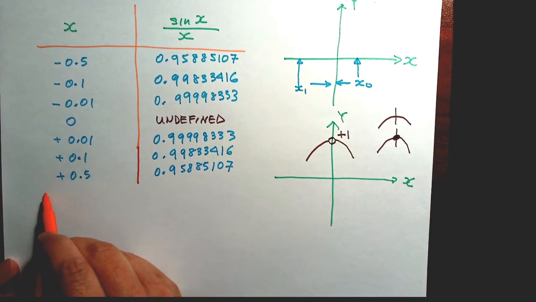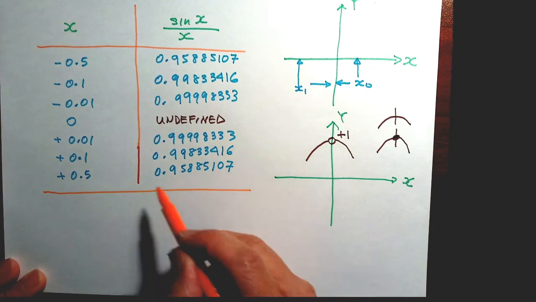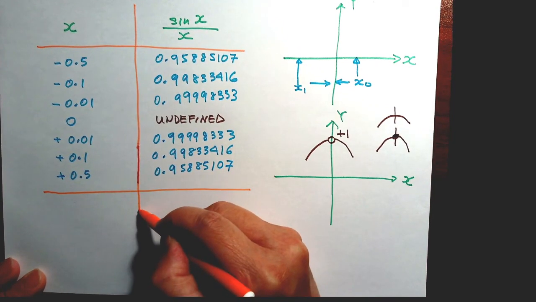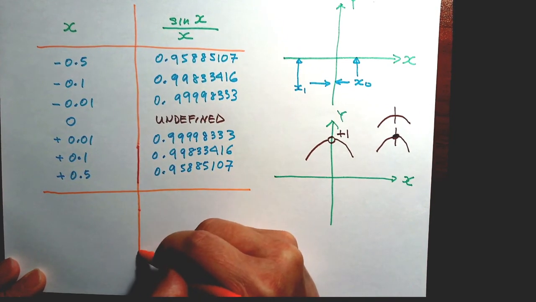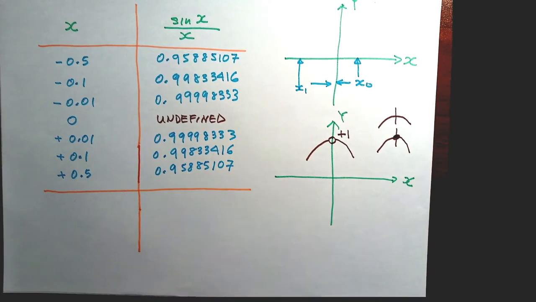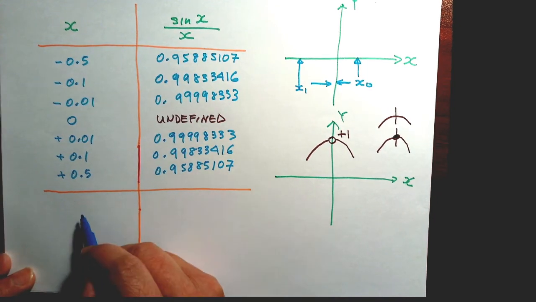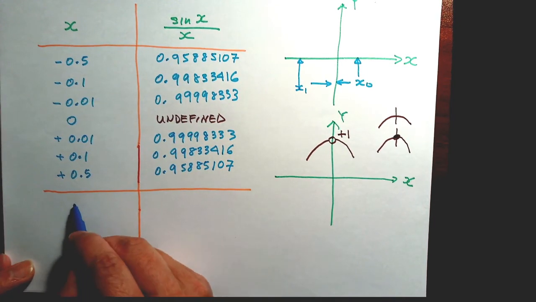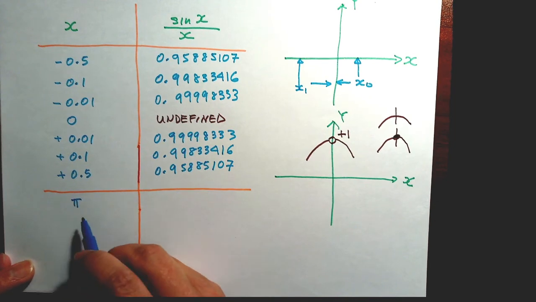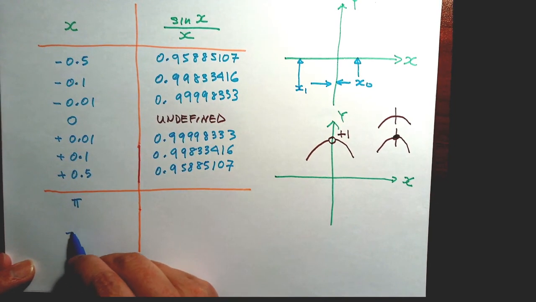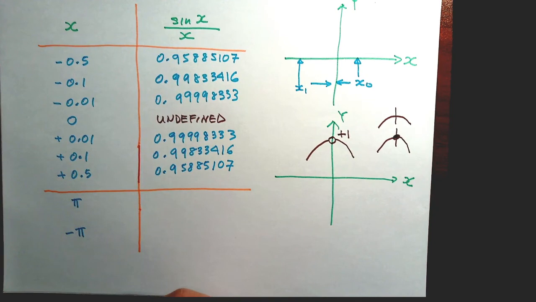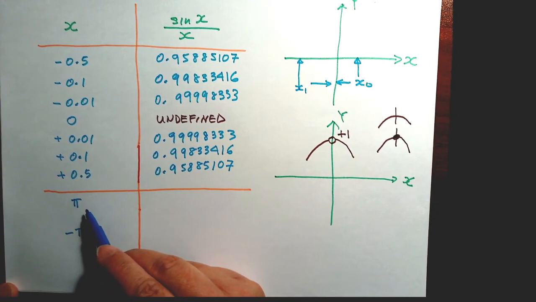Use my orange again, I used my red by mistake. So I'm going to do this, pi and minus pi. So I'm going to evaluate what happens when x is equal to pi.